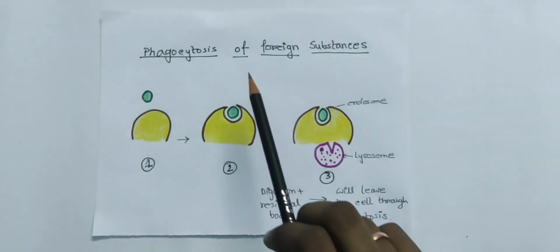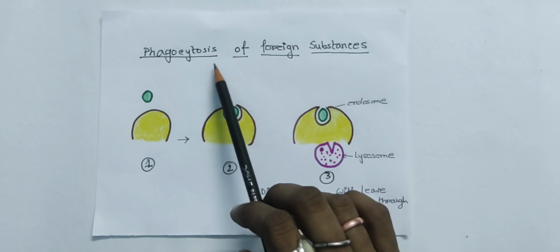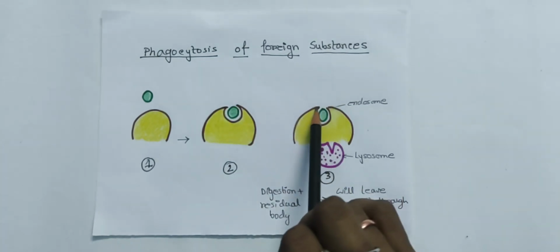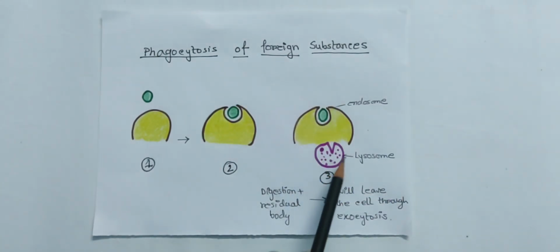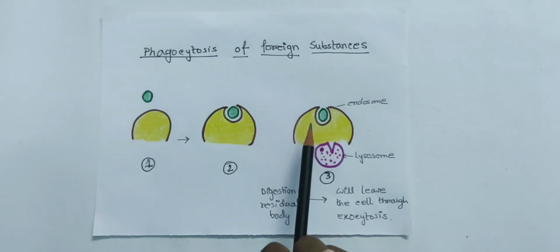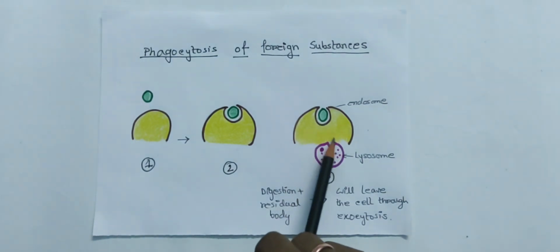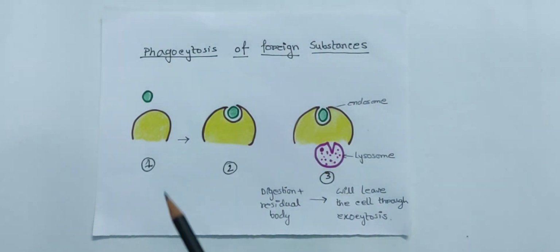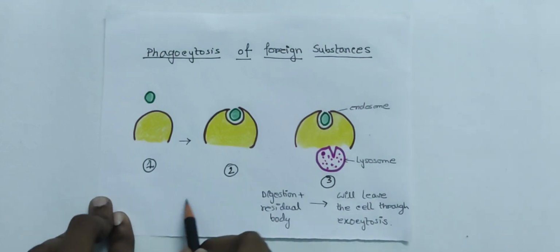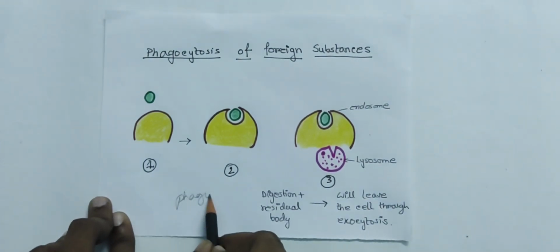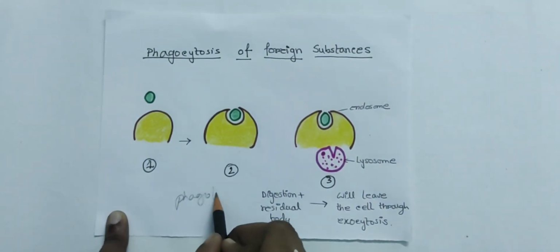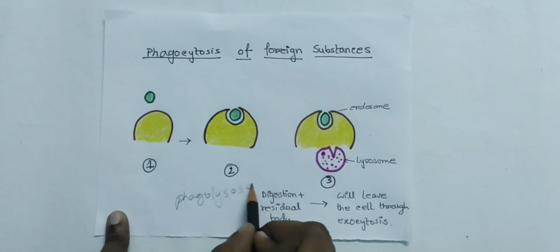One thing I have to mention here: in phagocytosis, after the phagocytic vesicle, if a lysosome engulfs that particle, then we call it a phagolysosome.